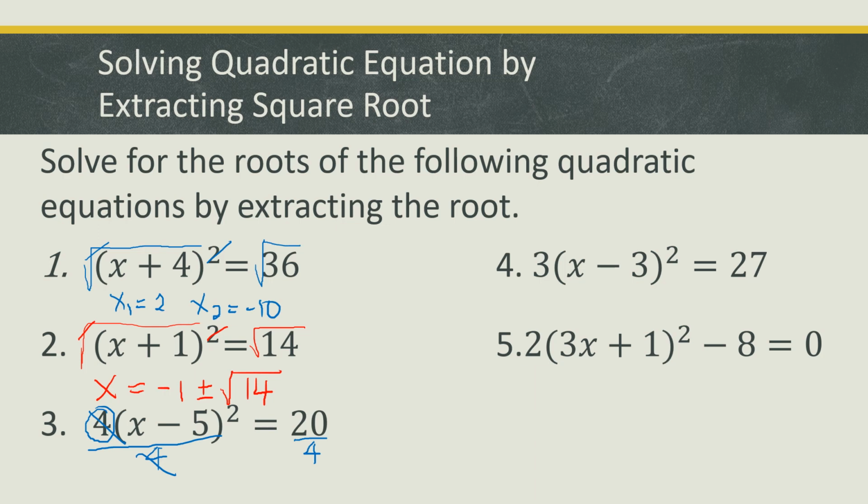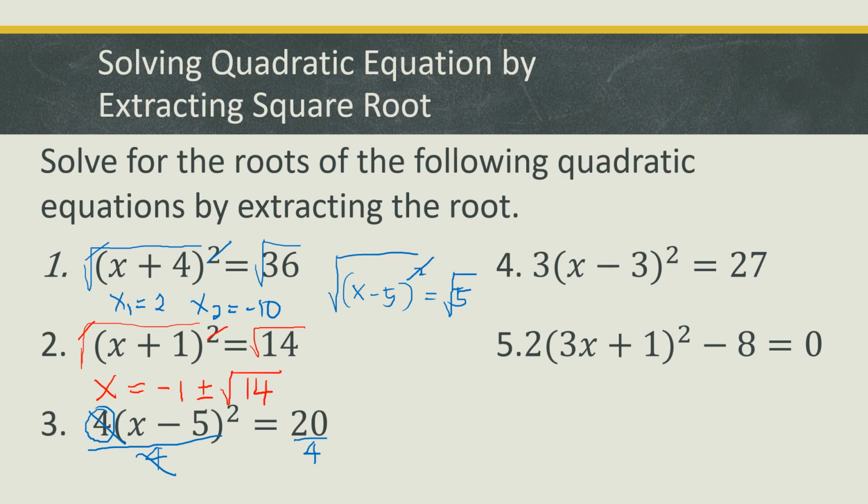So let us observe, it is now (x minus 5) squared equals 5. Alright? So we eliminated 4, for us now to continue the extracting square root method.